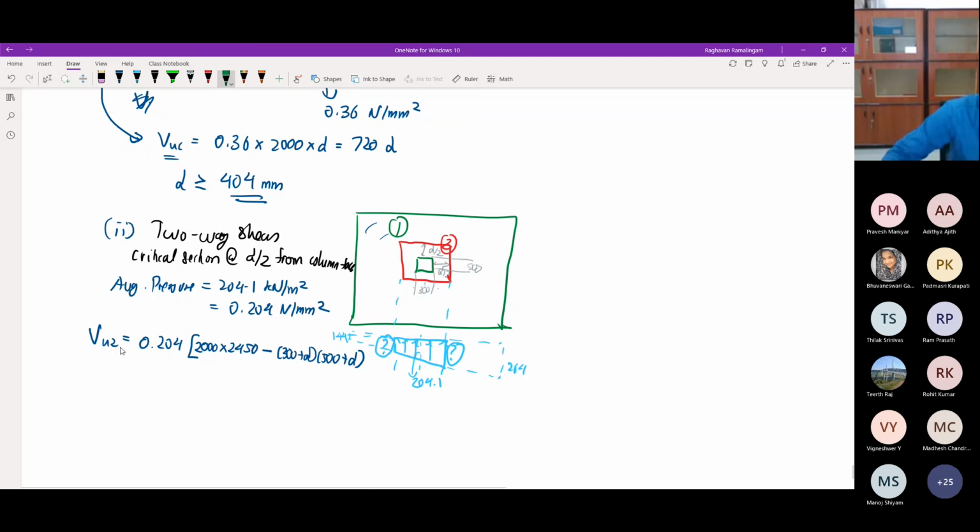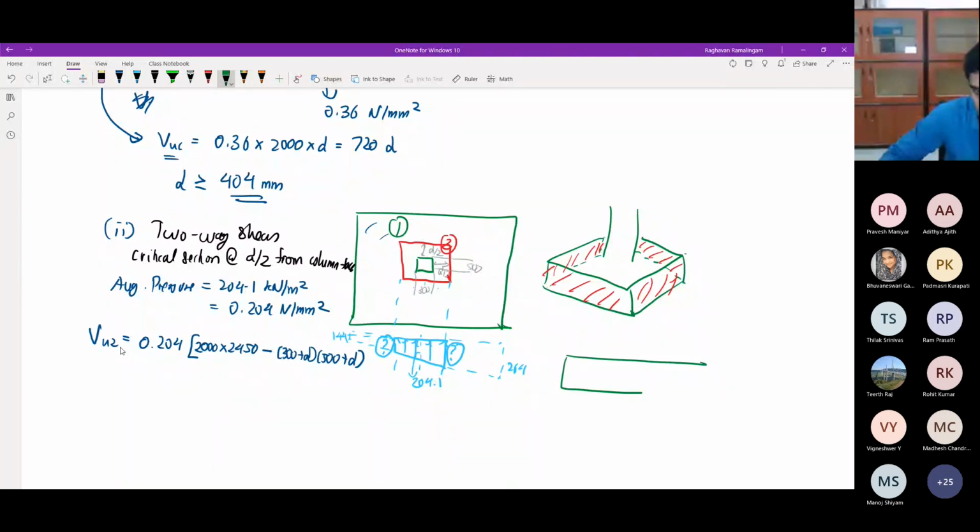This is the total shear force that is going to act all around these faces. Or in other words, if I show it in plan, I have the critical section cut over here.